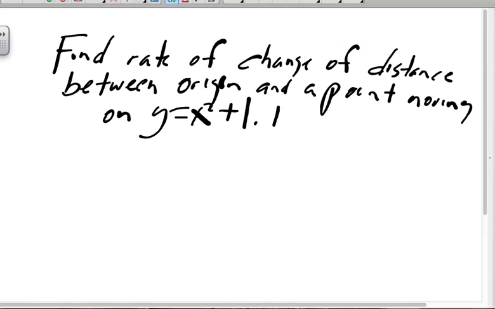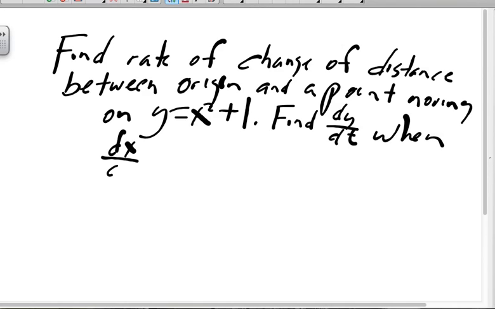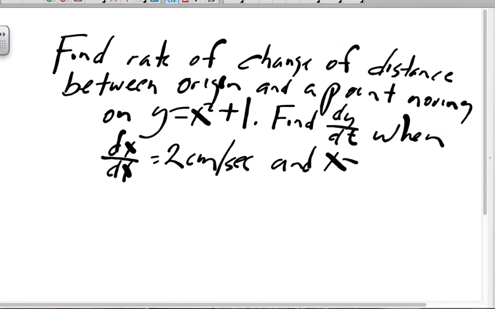So find dy dt when dx dt equals 2 centimeters per second and x equals 1 centimeter.